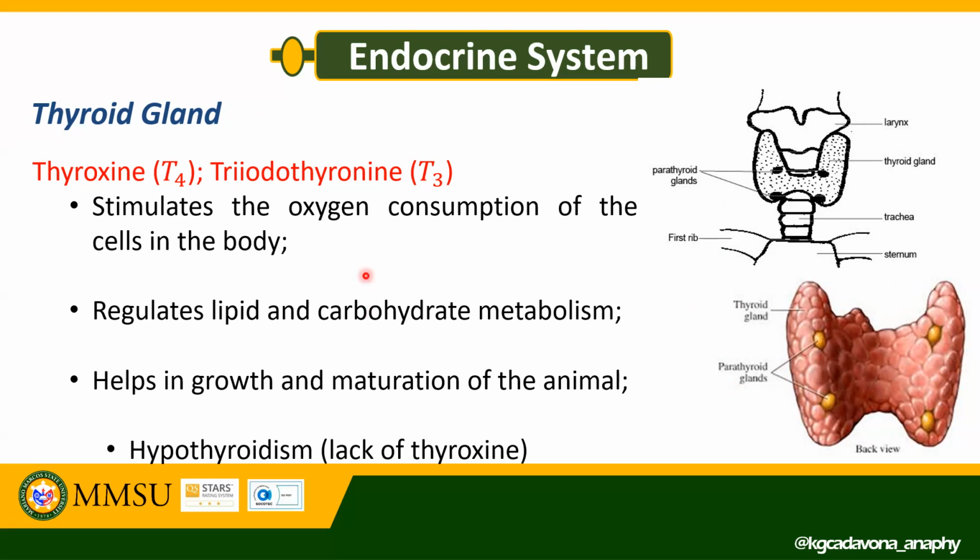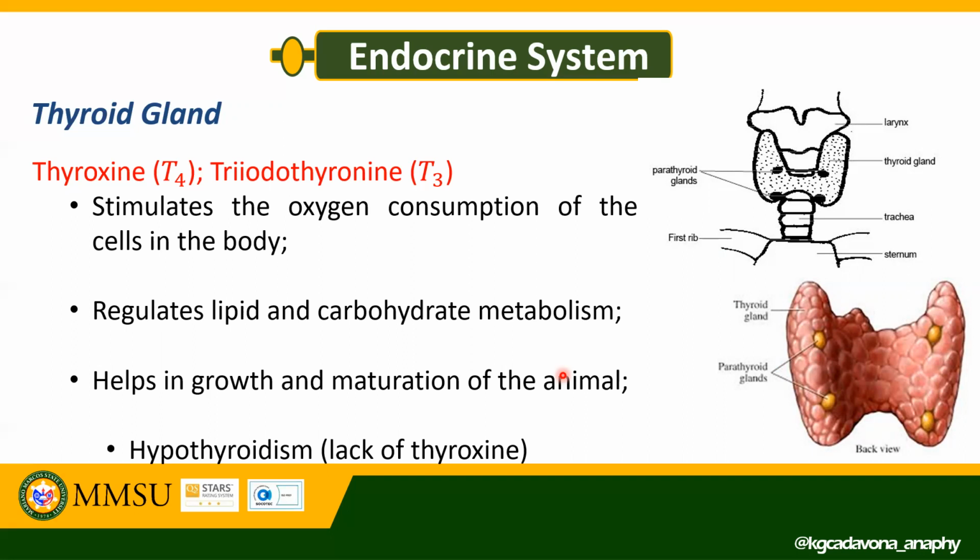Now this endocrine gland, it stimulates the hormones T4 and T3, which are the thyroxine and then the triiodothyronine, which stimulates the oxygen consumption of the cells in the body of the animal, and it regulates lipid and carbohydrate metabolism. So pag sinabi natin na lipids, we go back to the 6 basic nutrients that are being needed in the body, which is ang lipid ay also known as fat.